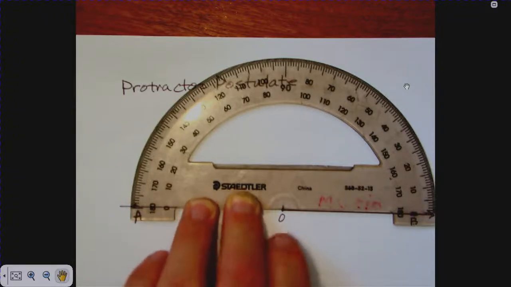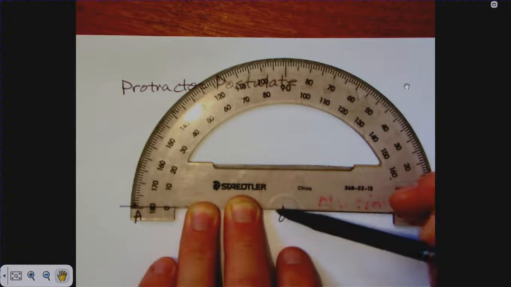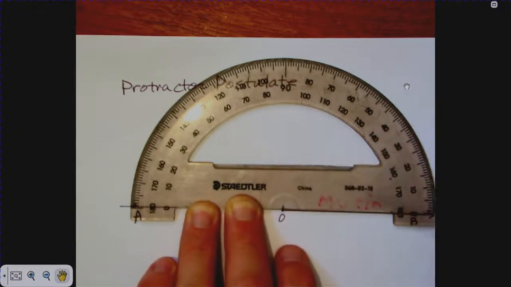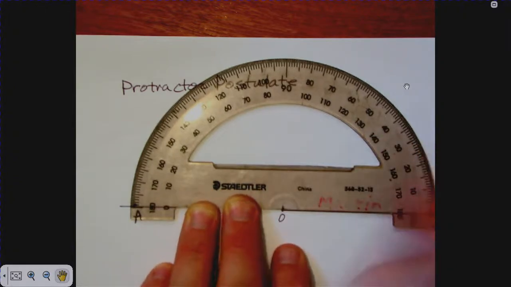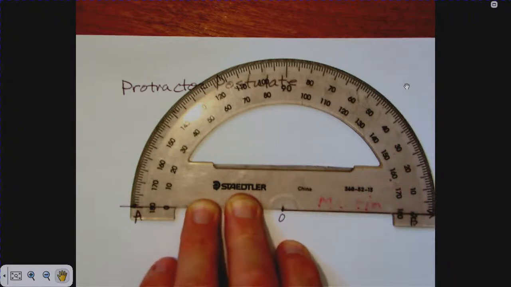So we can pair OA with 0 and OB with 180 degrees, and then divide everything else up.